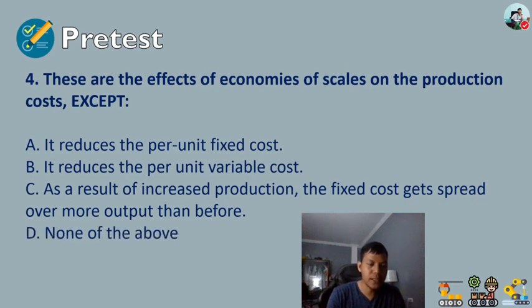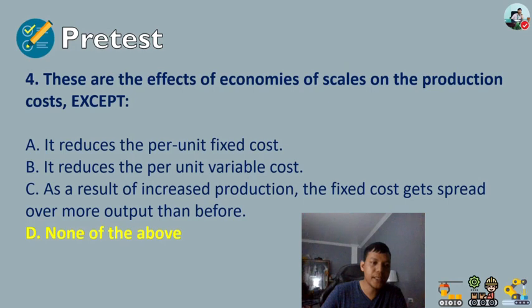Or letter D. None of the above. So the answer for number 4 is letter D. It means that letters A, B, and C were the effects of the economies of scale on the production cost.